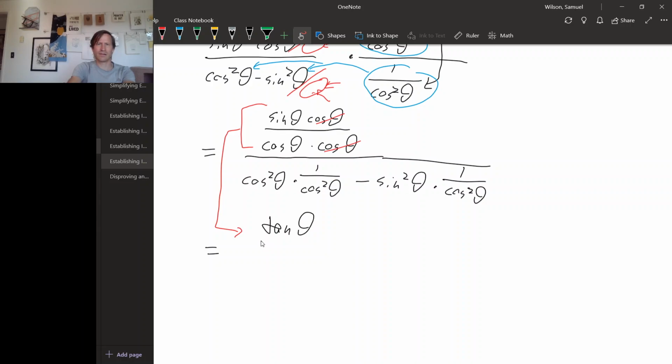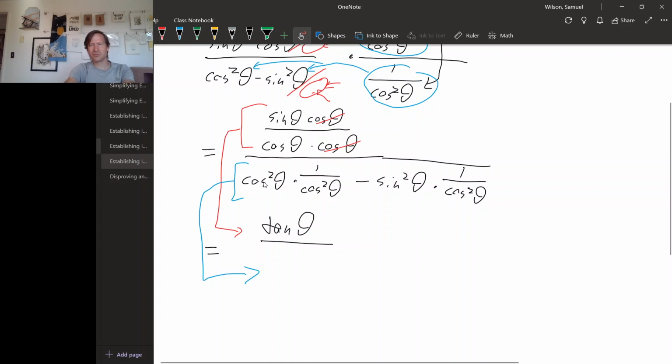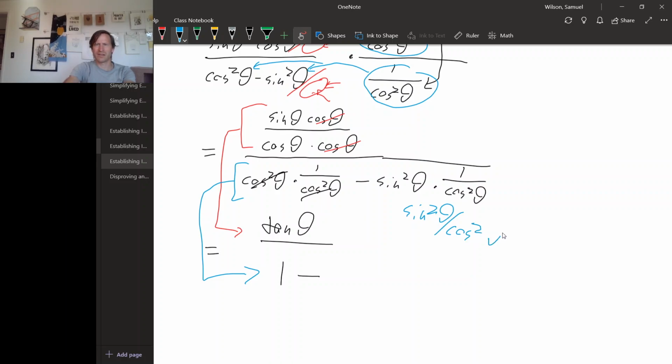That's tangent theta. Now for our denominator, there's a lot of simplifying we need to do here. This cosine squared theta times 1 over cosine squared theta simplifies. We're just left with 1 minus, and here we have sine squared theta over cosine squared theta. But that's tangent squared theta. And that's what we wanted. So we're done.